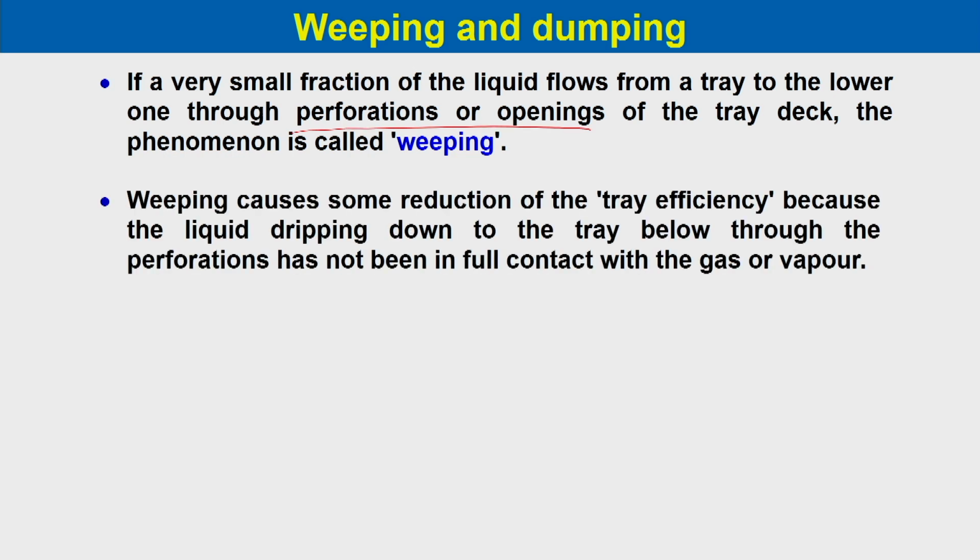Weeping causes some reduction of the tray efficiency because the liquid dripping down to the tray below through the perforations has not been in full contact with the gas and vapor.